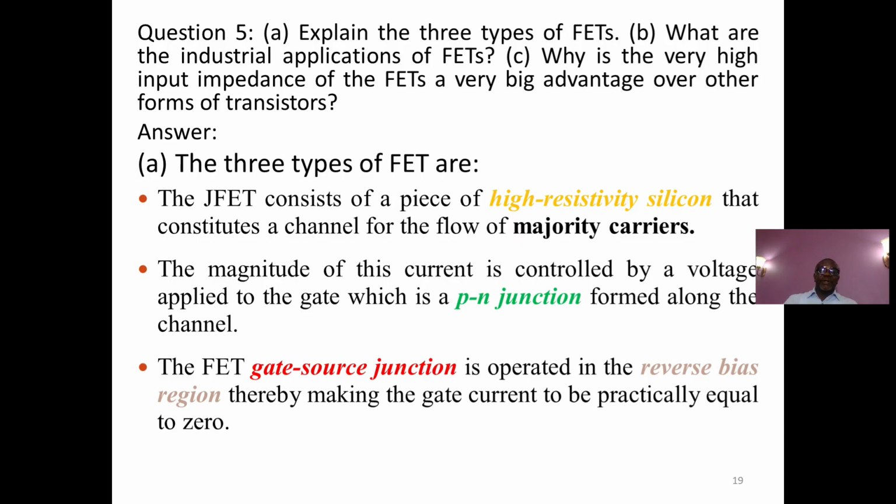Then the magnitude of this current is controlled by a voltage applied to the gate, which is a PN junction formed along the channel. The field effect transistor gate source junction is operated in the reverse bias region, thereby making the gate current practically equal to zero.